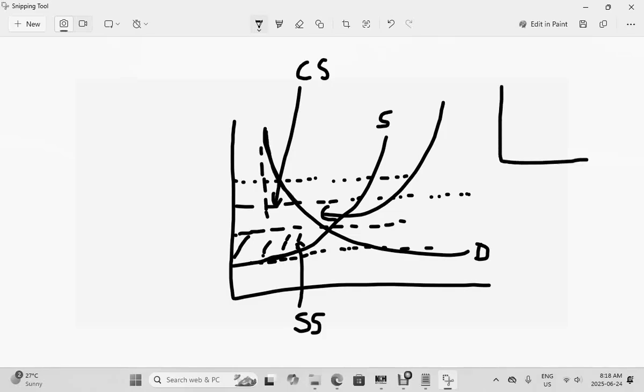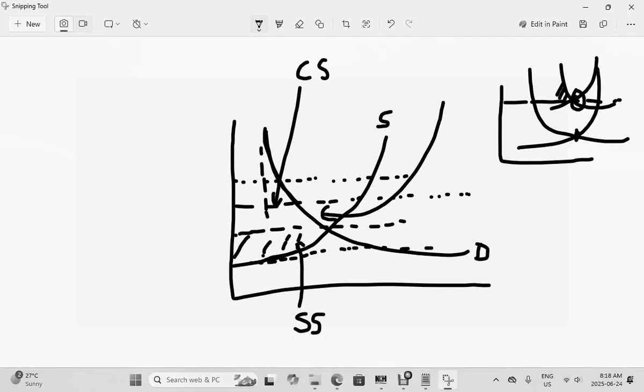Remember, the consumer surplus is the area underneath your demand curve. Let me draw this over here. If this is the equilibrium point and this is the price floor, we know the new equilibrium point will be somewhere over here, for example. This may look something like this, demand and supply. Because of this new equilibrium point, the area underneath the demand curve has now been reduced because of the price floor.